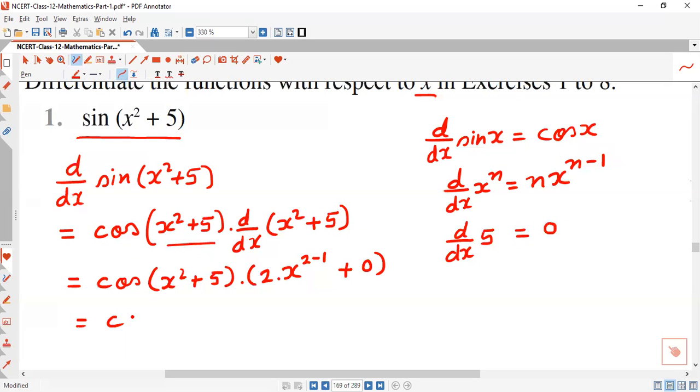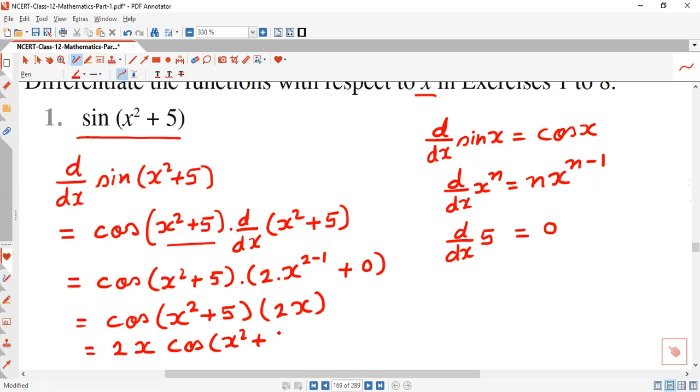So simplify this one, you are getting cos of x square plus 5 into 2x, 2 minus 1, 1. So write down the correct way: 2x cos of x square plus 5. This is the answer of this question. I hope you understand.